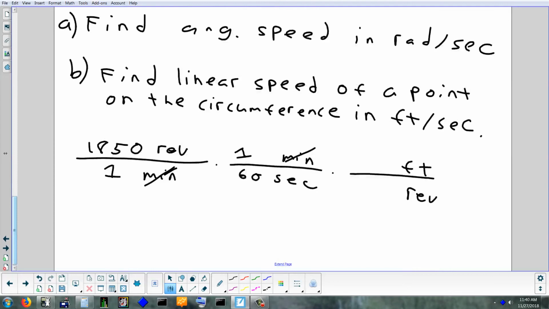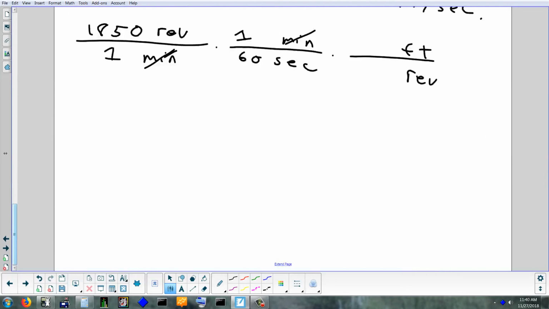All right, so let's find the circumference. And remember, the circumference is a revolution. So if you know the length of the circumference in feet, that will tell me, if I were to pretend like that was a piece of wire and I cut it and laid it out straight, I could measure how long it is, and I would know how many feet in one revolution of this tire.